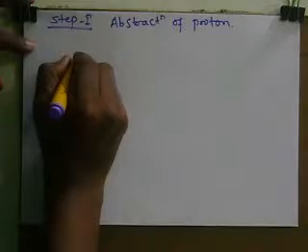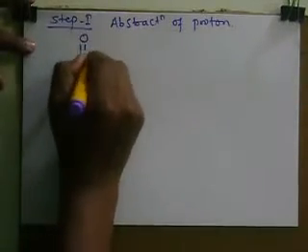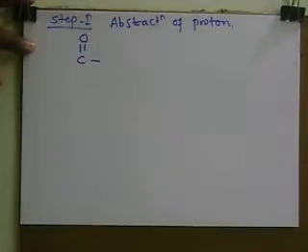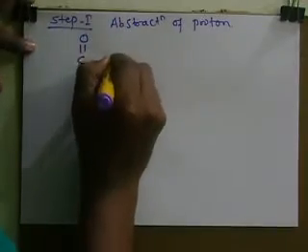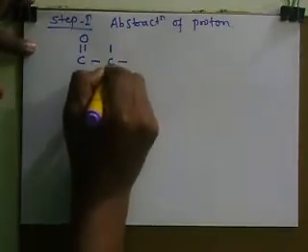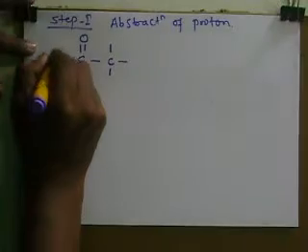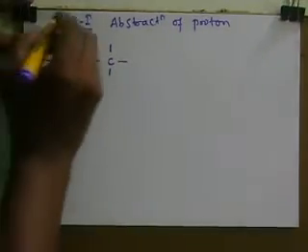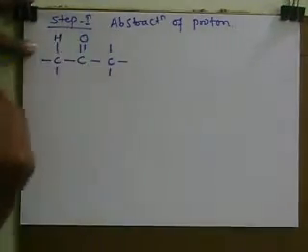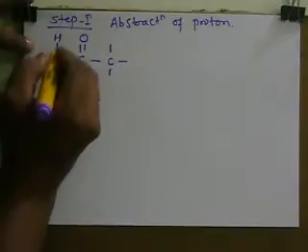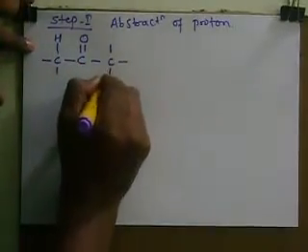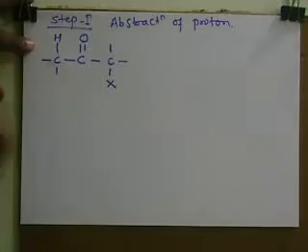So for that, let's see C double bond O. Now see, this is a proton present on the alpha carbon atom, and a halogen present on the alpha carbon atom.